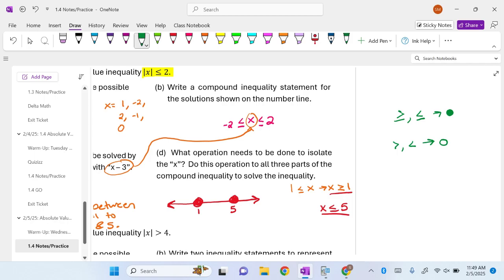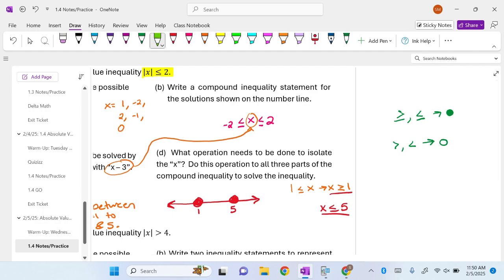So first off, let's just do it one at a time. If x is greater than or equal to 1, would I shade to the left of 1 or to the right of 1? In other words, where are my values that are greater than or equal to 1?